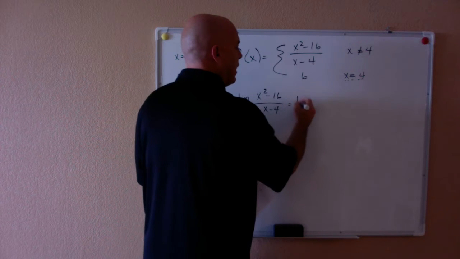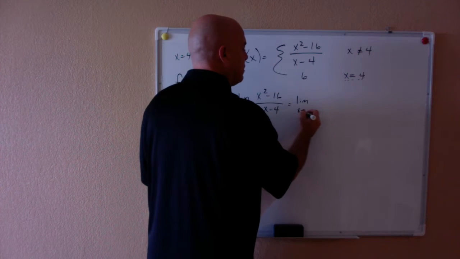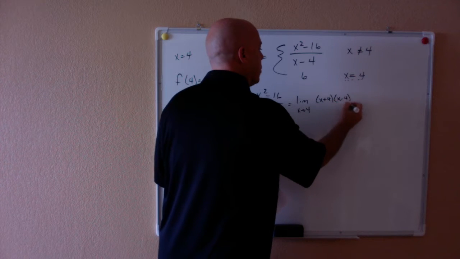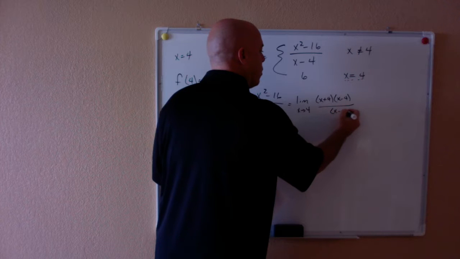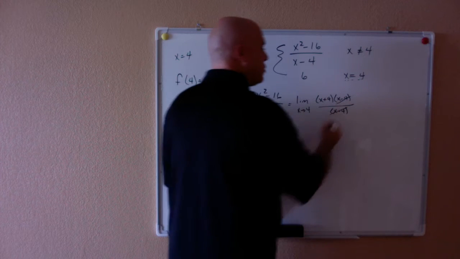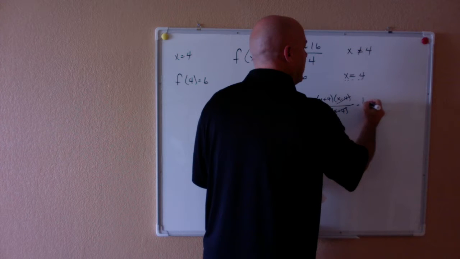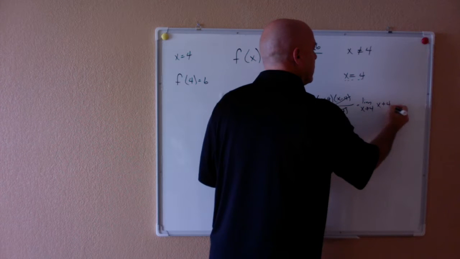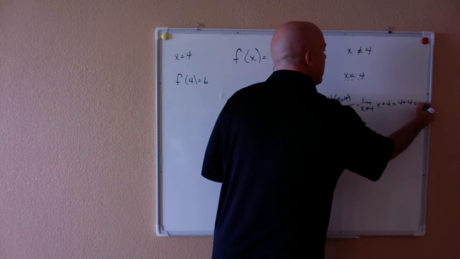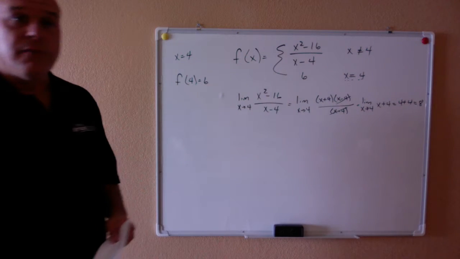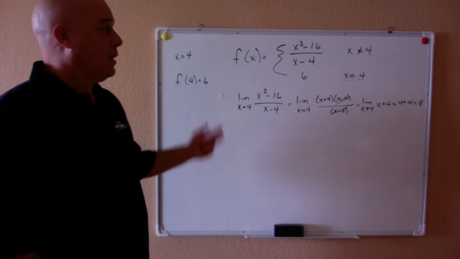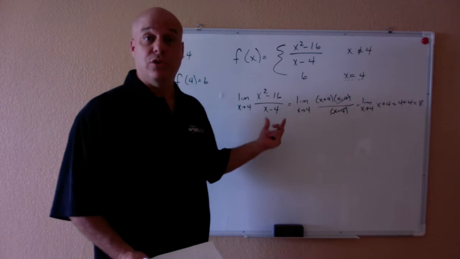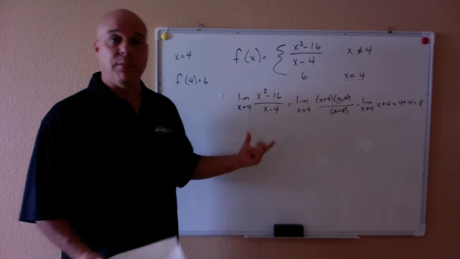And I can simplify that a little bit using the same strategies that we used in previous videos and say, okay, that's x plus 4 times x minus 4 divided by x minus 4. And sure enough, those will cancel, leaving me with the limit as x tends to 4 of x plus 4, which is 4 plus 4, which is 8. So sure enough, the second condition is satisfied. The limit from the left and the limit from the right are both going to be equal to 8 because I was able to find the two-sided limit.